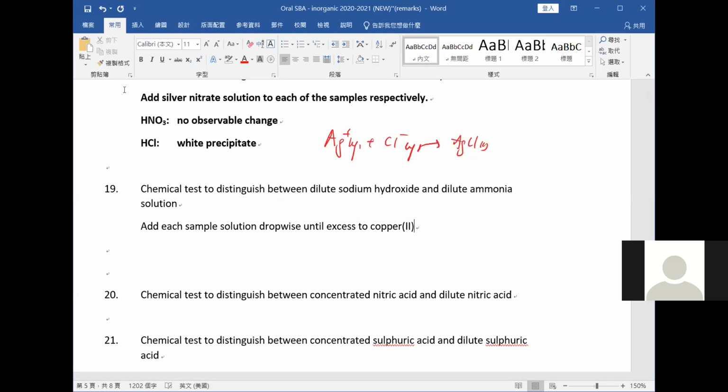Now, the way to present is a little bit different. So this is what I would like to draw attention to. Precipitation reaction, yes, that's right.